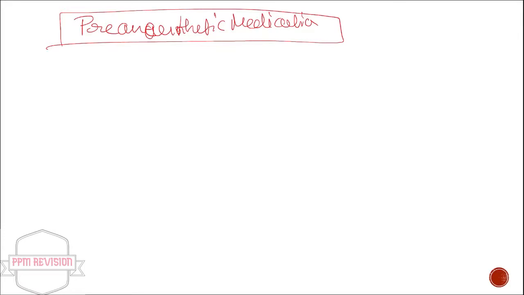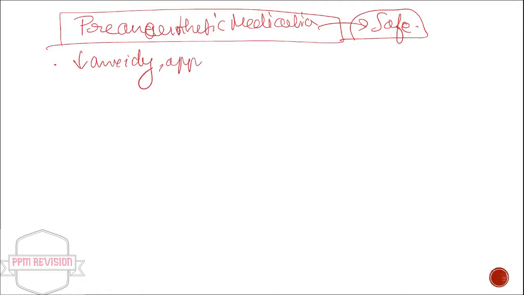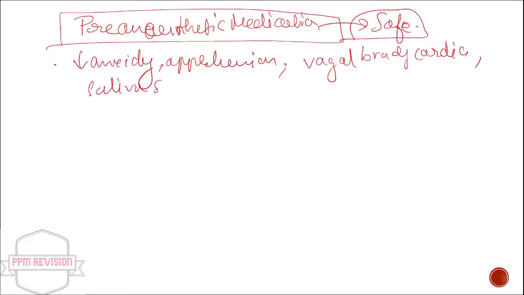These are drugs that are used before the administration of anesthesia just to make it safe. Quickly highlighting the points, it decreases anxiety, apprehension, vagal bradycardia, and also the saliva secretion.